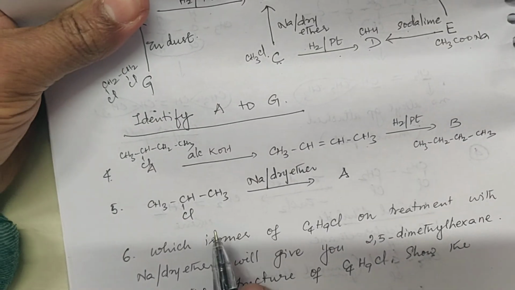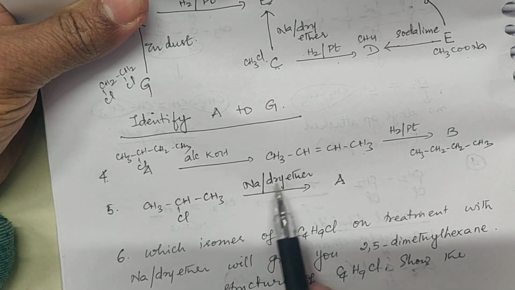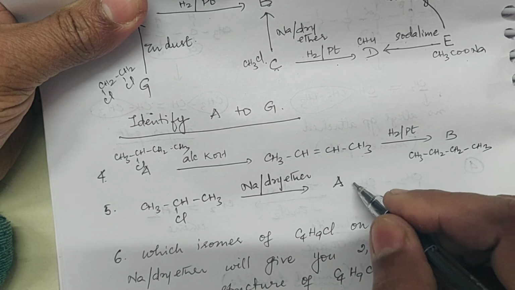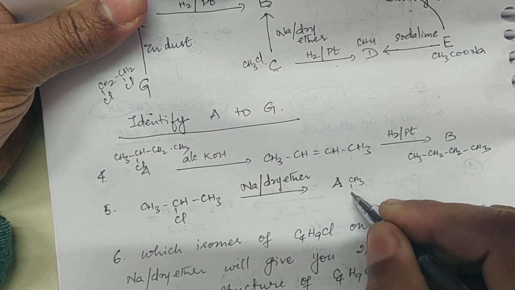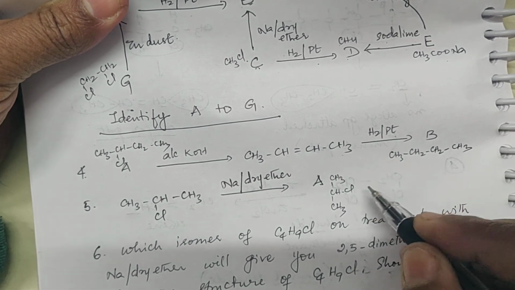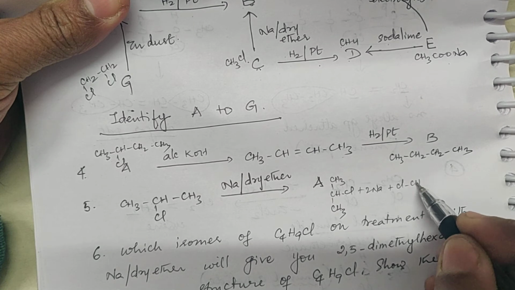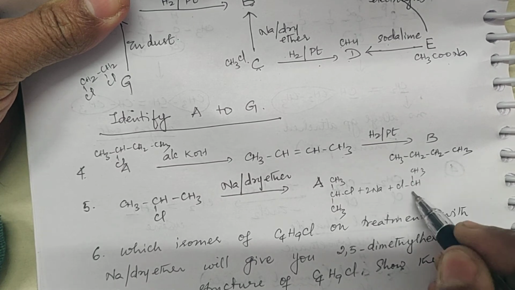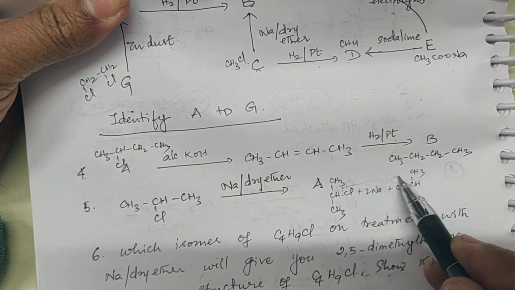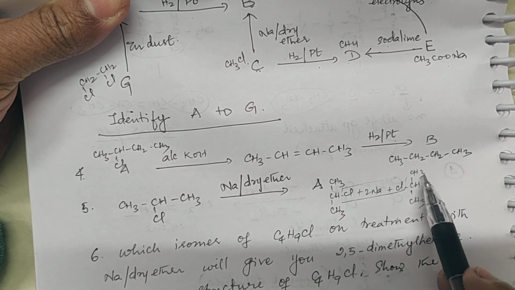Now, this on treatment with sodium and dry ether is giving you A. So what should it be? You put it like this so that you can understand easily. CHCl, CH3 plus 2Na plus another molecule of the same kind. This is the Wurtz reaction, is it not? So NaCl will go away, and your product is this, and this is the branch.